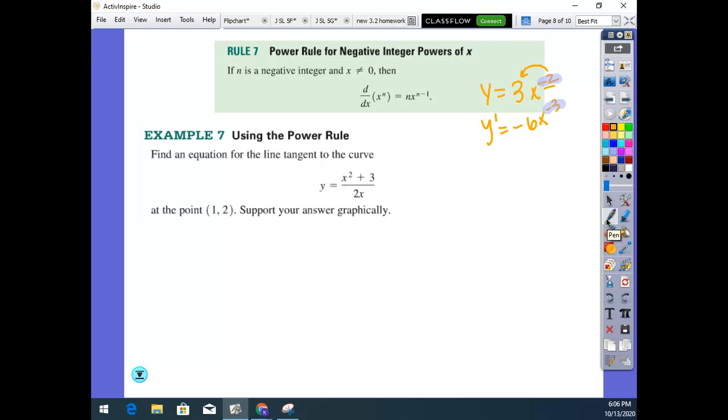All right. So with example 7, to find an equation for the tangent line, we need two things. The point they give us, and we also need the slope. So what I need to do to find the slope of the tangent line is the derivative of y.